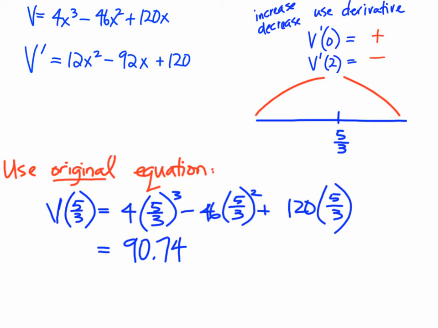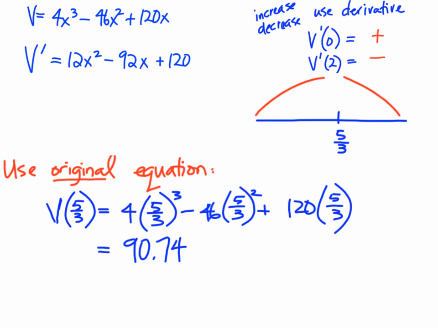If I check to see that it is a maximum point, I select 0 on the left and 2 on the right because 5/3 is above 1. And I look to see if it's increasing. So with 0, by substituting 0 into the derivative, it equals 120. So that's a positive value, which means that it's increasing.